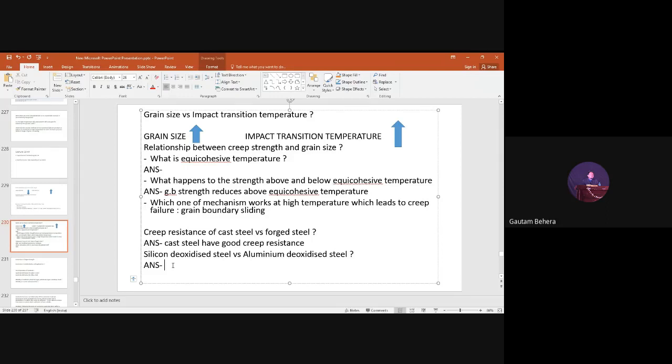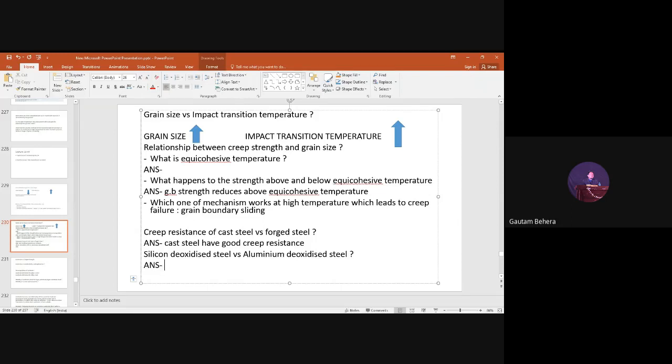Similarly, you add silicon. So what will form if you add silicon into the steel containing dissolved oxygen? Silicon oxide, obviously, SiO2, because they are more stable oxides.